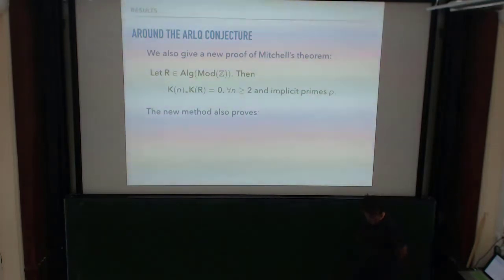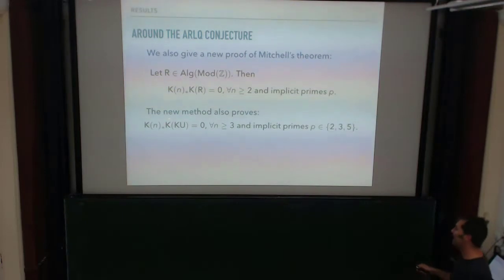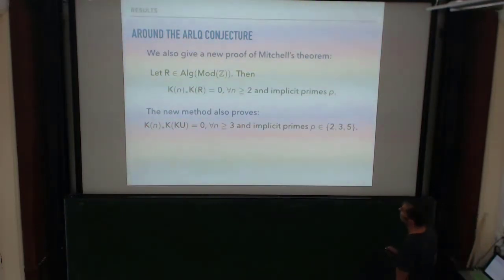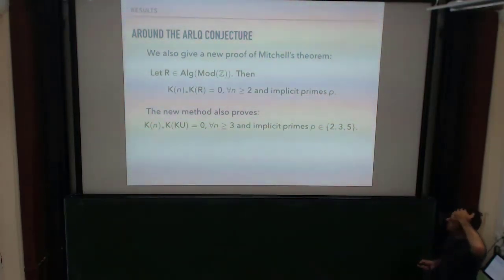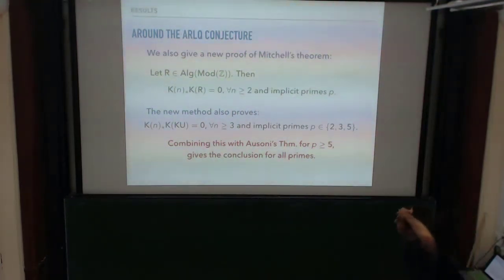But the new argument also extends to doing things like K(n) star of K of ku is 0 for all n greater or equal to 3. And the argument I'll talk about today works for the primes 2, 3, and 5. So if you combine this with the work of Ausoni for primes greater or equal to 5, we can now say this is true for all primes.